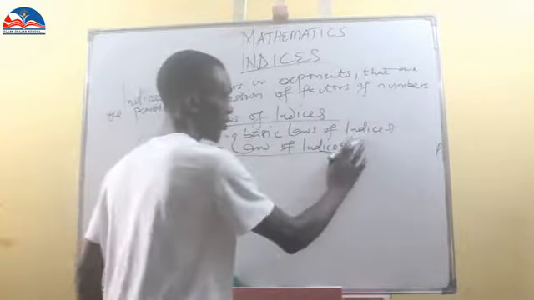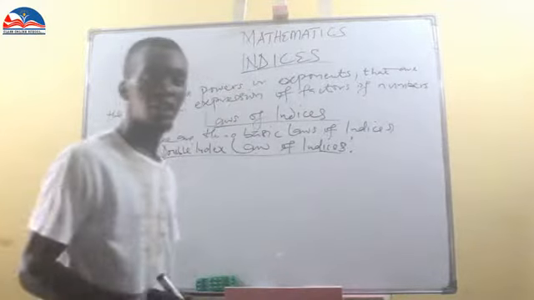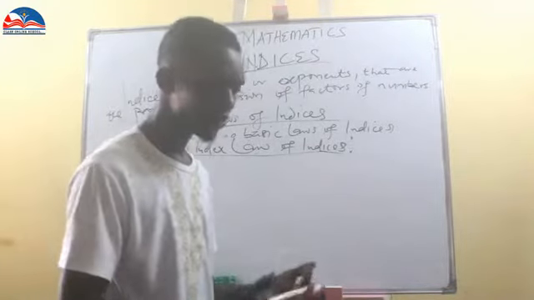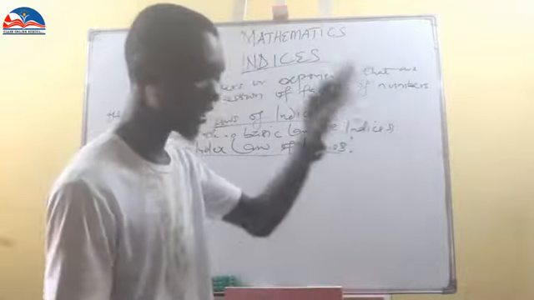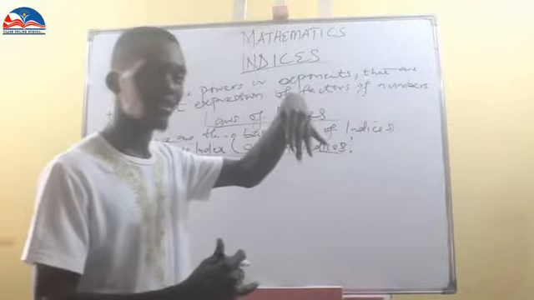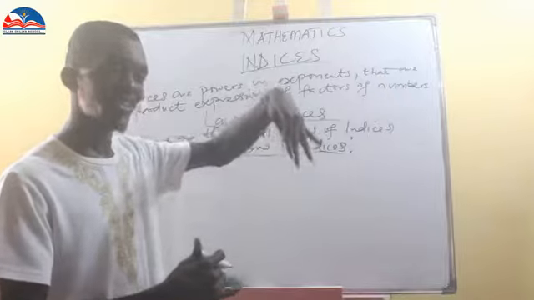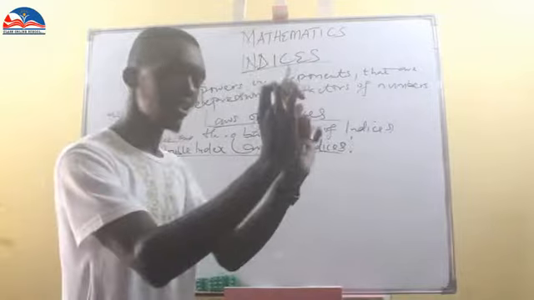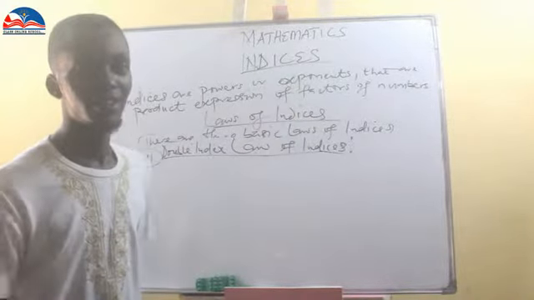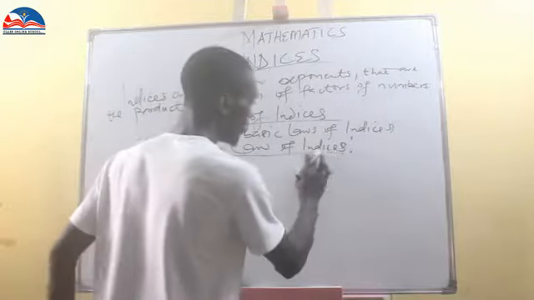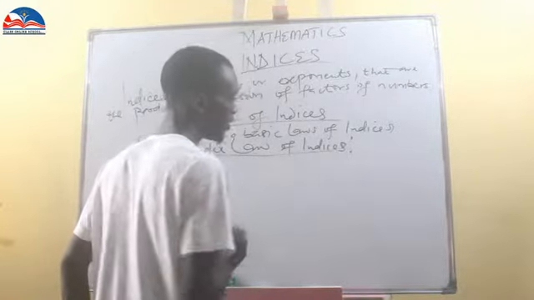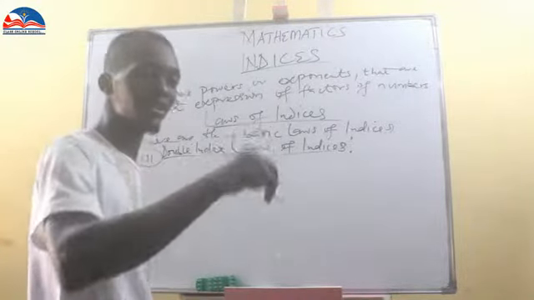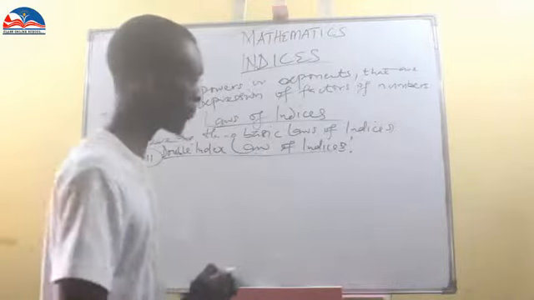Now, the double index law of indices is saying that if a base is indexed in a bracket, and also indexed outside a bracket, the two indices are multiplied.